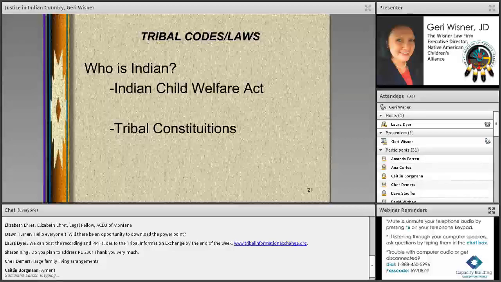So when you look at whether someone is Indian or eligible for enrollment or citizenship, it's important to look at the tribal constitutions. For the Muskogee Creek Nation, where I am an enrolled member, and I believe this is applicable to the five tribes that I talked about earlier, the Chickasaw, Choctaw, Cherokee, Creek, and Seminole, tribal enrollment and membership is any lineal descendant.